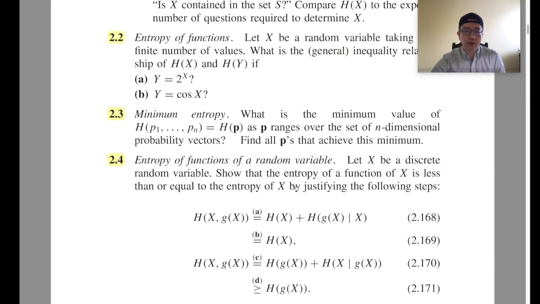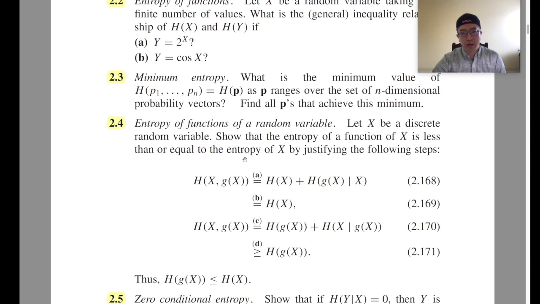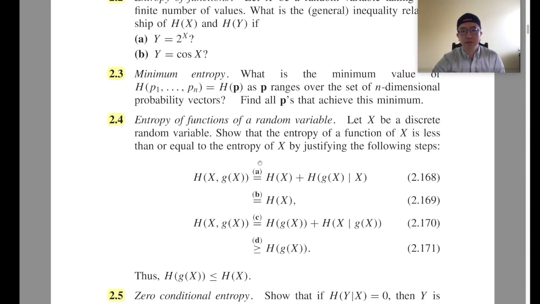Okay, now let's see our next one. The next one is our question number 4. Here it just asks you to explain the meaning of each step, right? That should be relatively straightforward, so let's try to explain that.